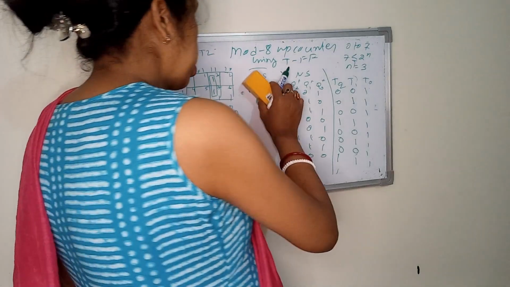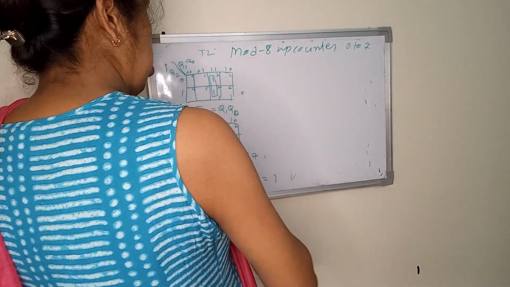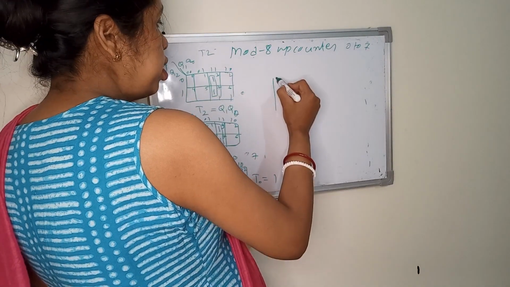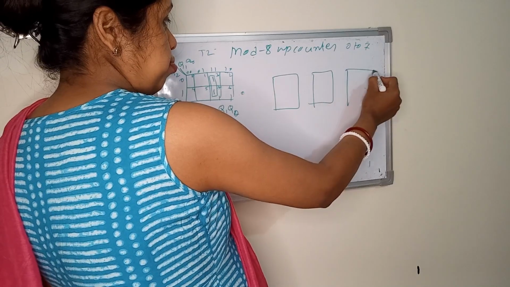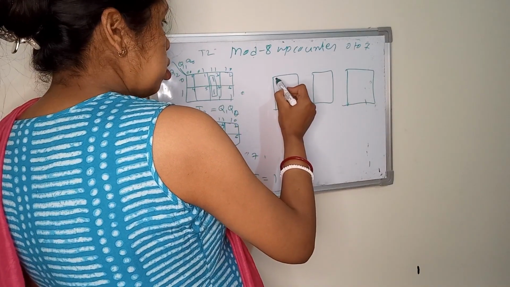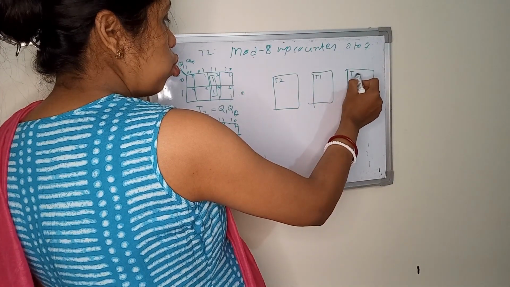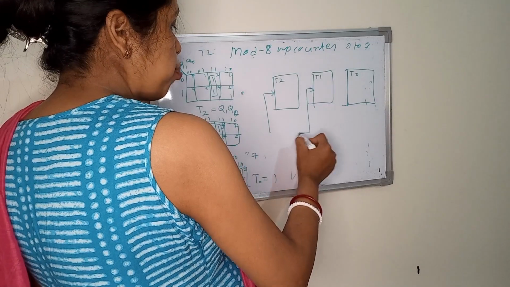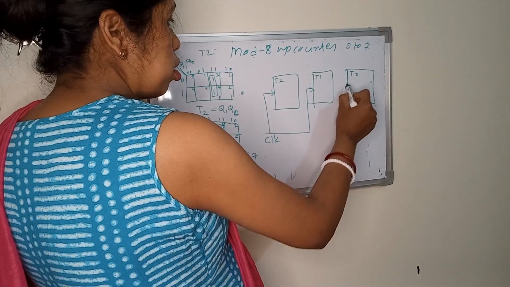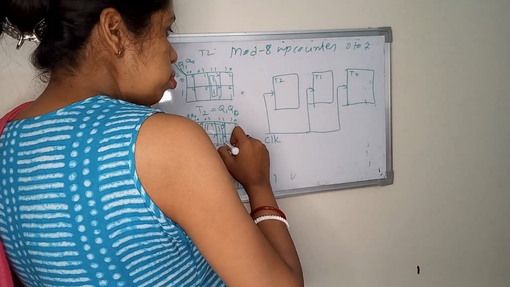Now I am drawing the mod counter. So you need three T flip flops, T2, T1, T0. I am designing a synchronous counter, so only one clock pulse will apply to each.